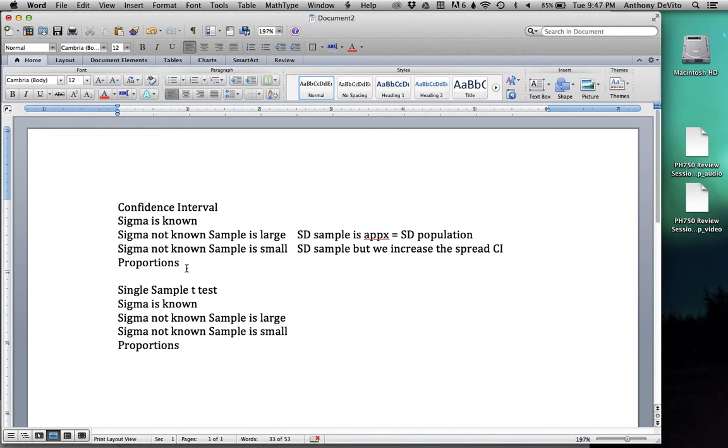Where might you do something like that? For instance, if we're sampling a population and we want to know the prevalence of HIV in that population, and we come up with 150 people out of 1,000, so we think maybe the prevalence is 15%. Well, we only sampled 1,000 people. We didn't sample the entire population.